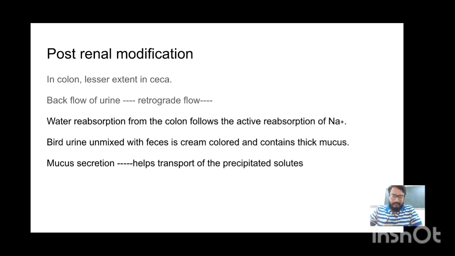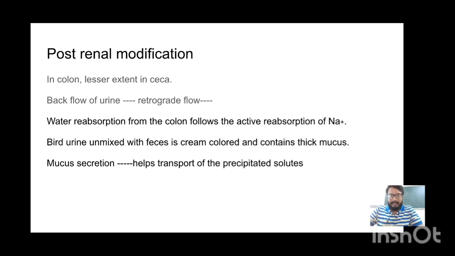The other notable difference is the post-renal modification of the urine. This occurs in the colon to a greater extent and to a very little extent in the cecum. It is the retrograde flow of urine by antiperistaltic movement to the colon and the ceca, where there is water reabsorption and also active reabsorption of sodium.